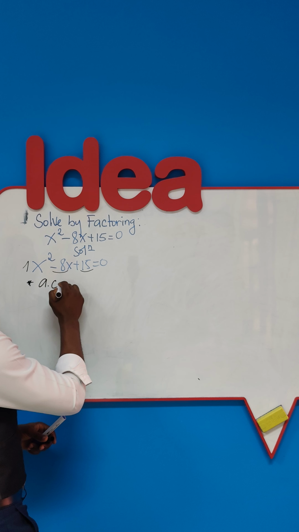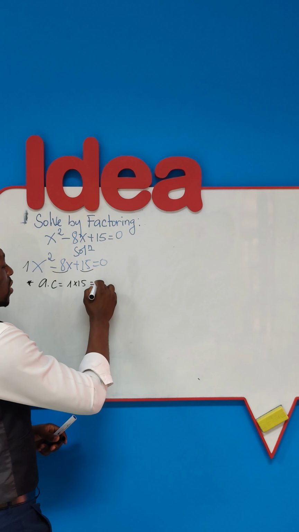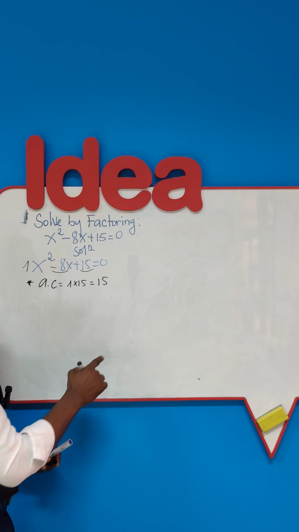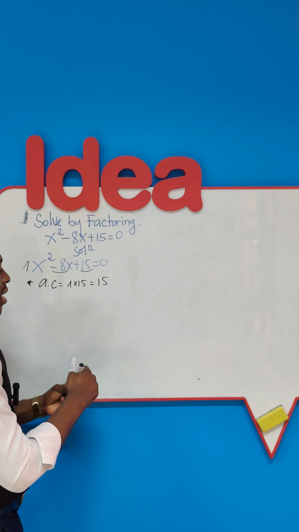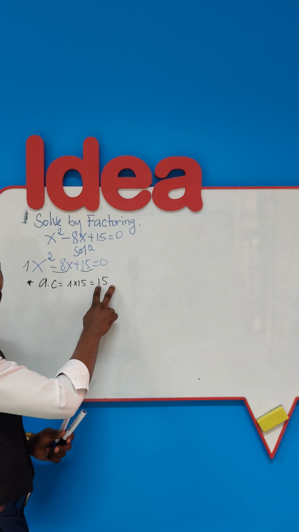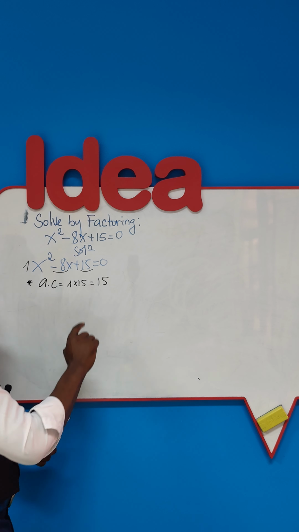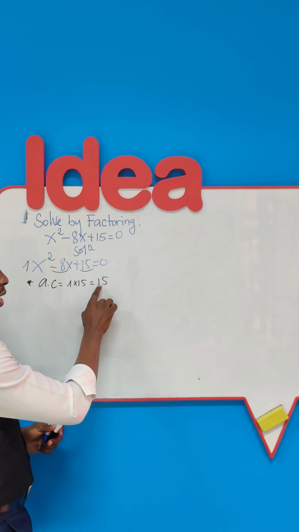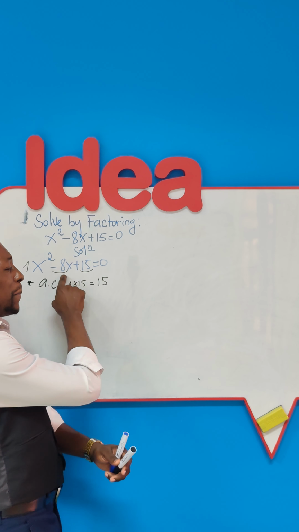So AC is simply the product 1 times 15, which is none else but 15. What do we do with AC? The next target is to find two factors of AC which can add up to give us B.